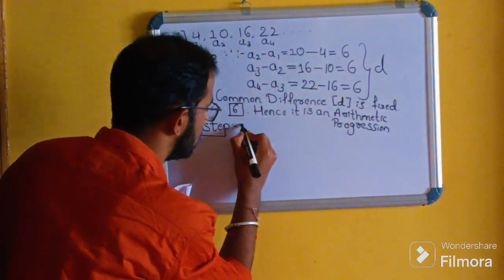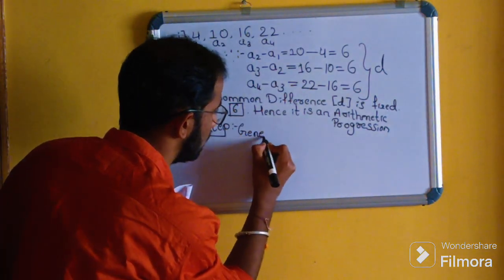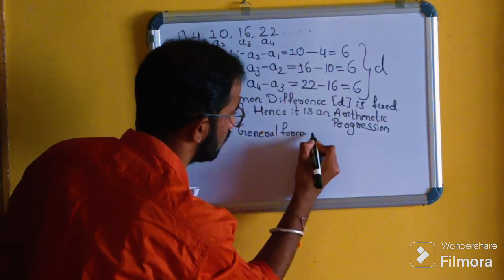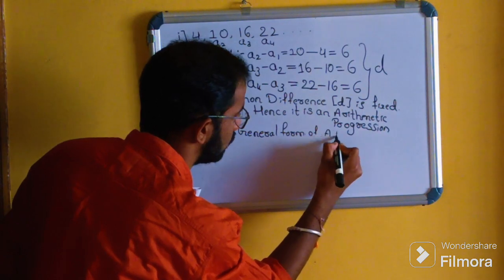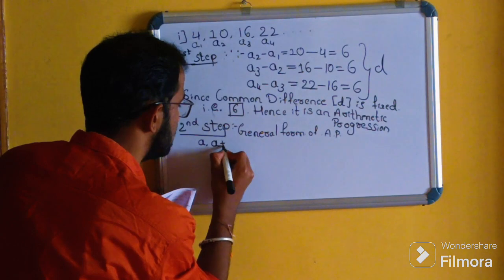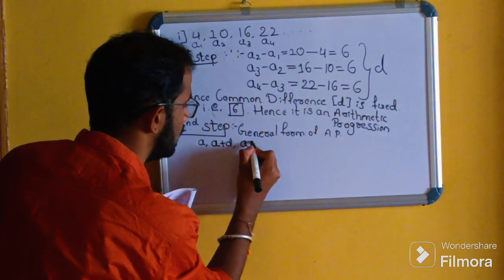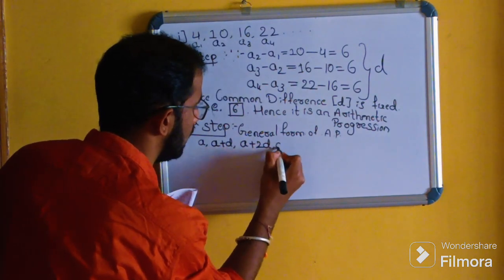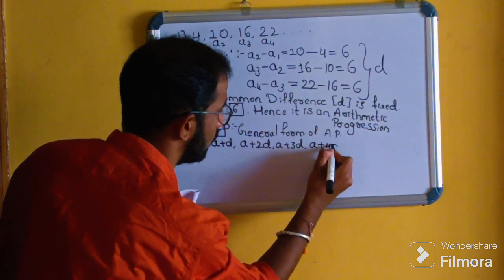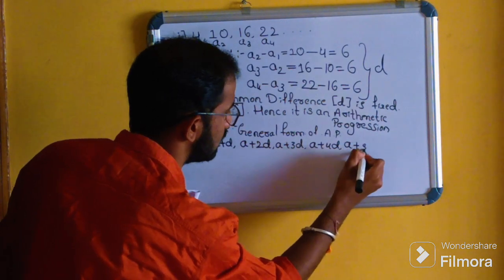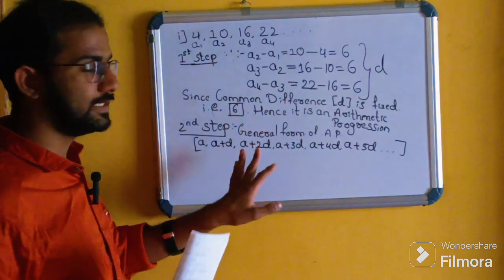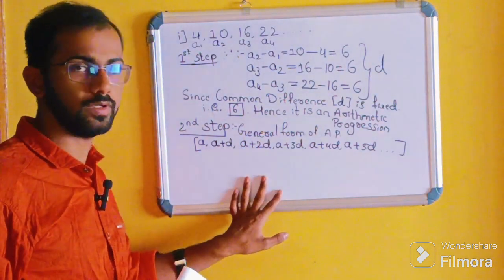We know that the general form of an arithmetic progression is a, a plus d, a plus 2d, a plus 3d, a plus 4d, a plus 5d, and so on.